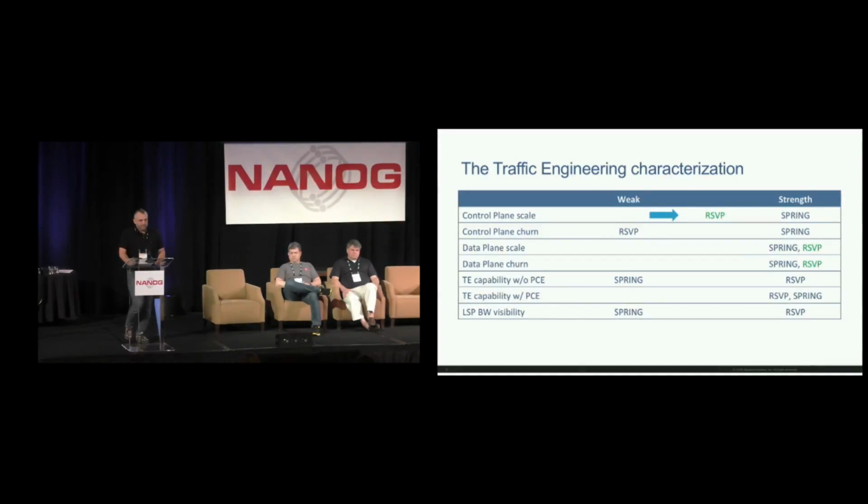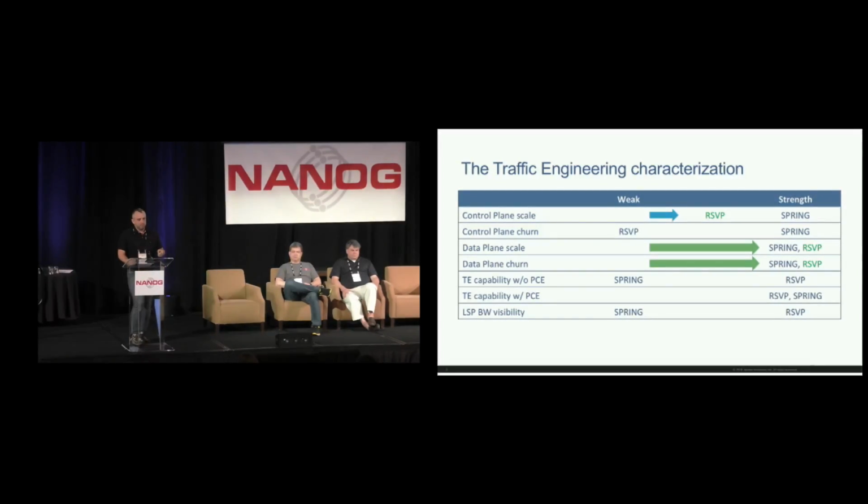So with that, when we look at the table which I showed you at the beginning, the first line, the control plane scale, we actually addressed it a couple of years back by doing some extensions to the RSVP protocol with the self-ping, with the aggregation, refresh reduction, etc. It's not that bad.